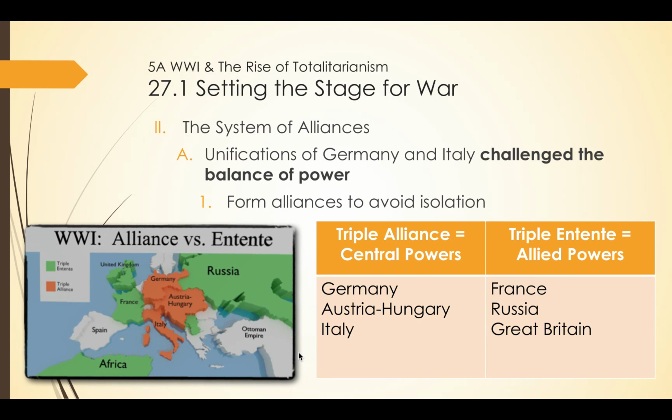If one member of an alliance was attacked, all participants in that alliance would work together to defend that country that was under siege. When one country formed an alliance in a defensive or offensive manner, it actually ended up encouraging their rivals to create their own alliances as well.